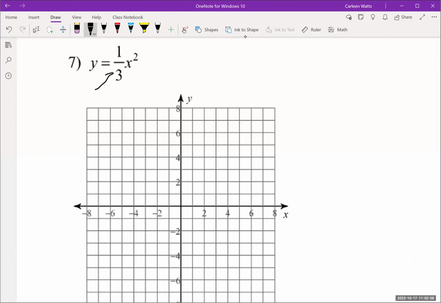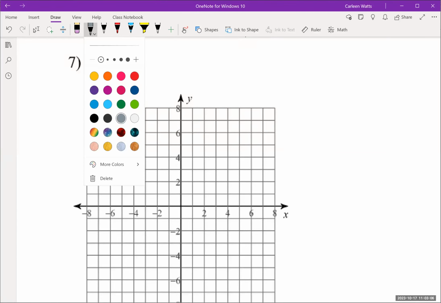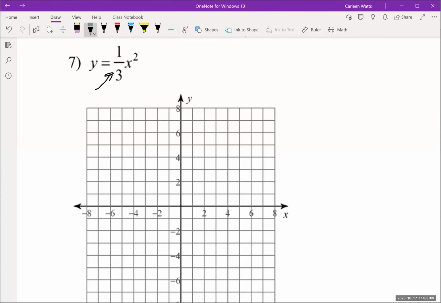What if I have a fraction less than 1 in front of the leading term? Okay, so in gray, I know you guys don't have gray, in gray, here was the original parent graph, somewhere around there. If I put a fraction less than 1, in between 0 and 1, in front of it, is it going to climb more slowly or more quickly? Everyone make a guess. Zoomers, make a guess.